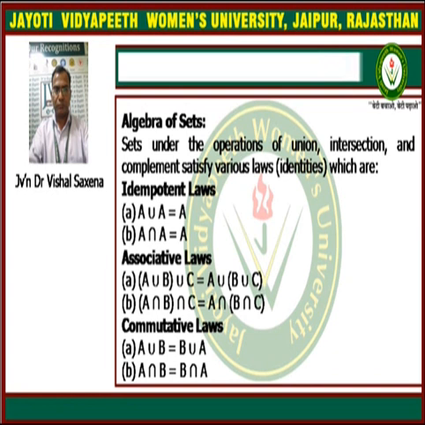Second is the associative law. In associative law, first is (A union B) union C is equal to A union (B union C). We can see on the left hand side the bracket is on the first two sets, while on the right hand side the bracket is on the second two sets.